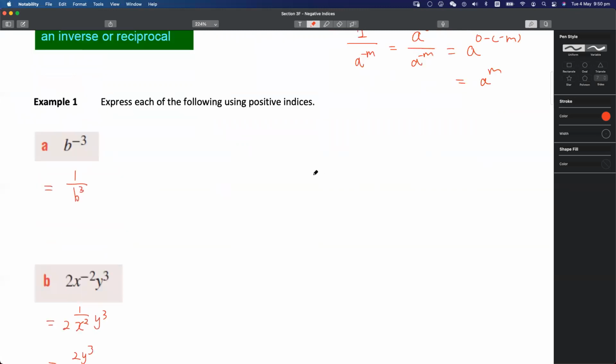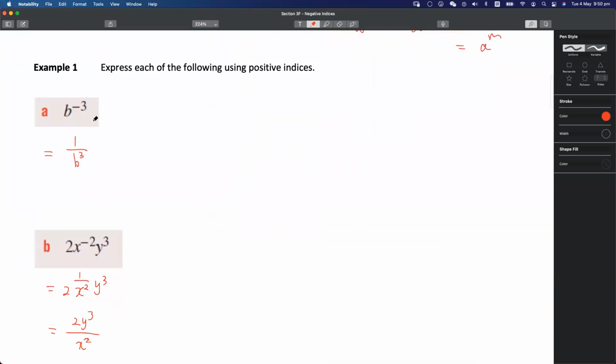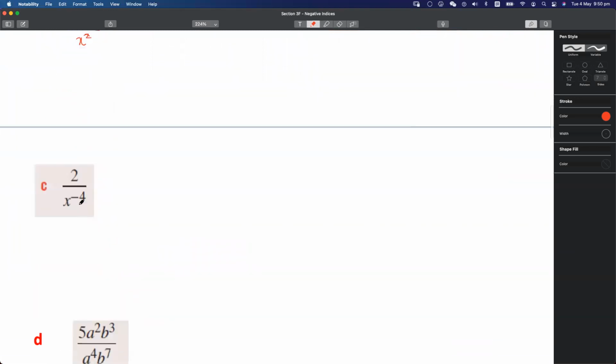Okay. So this question wants us to use positive indices. So we don't want those negative numbers. All right, here we've got negative 4. We don't want this to happen. We want to turn it into a positive number. And remember, x to the power of negative m is 1 over x to the power of m.